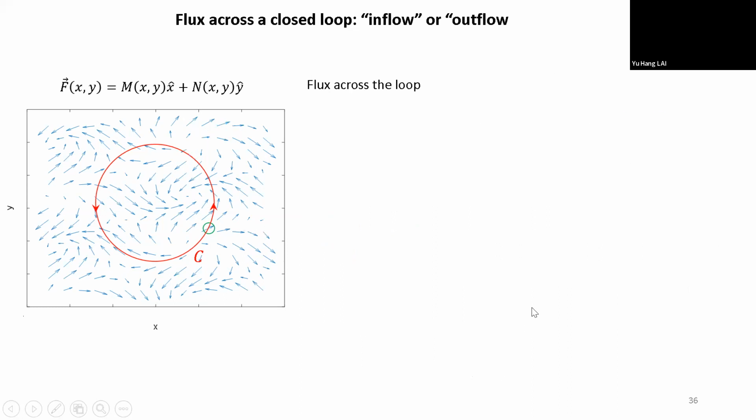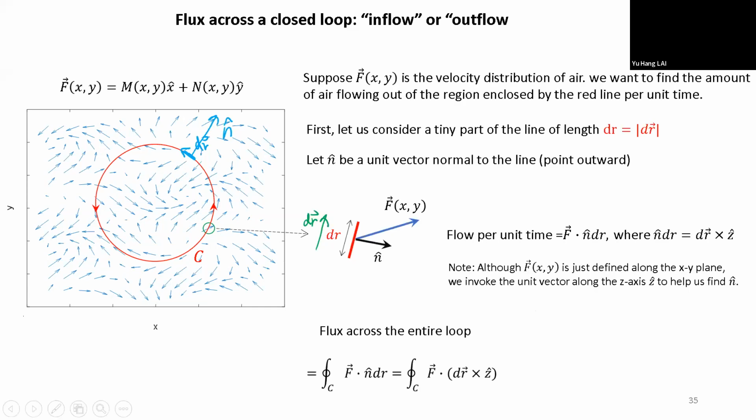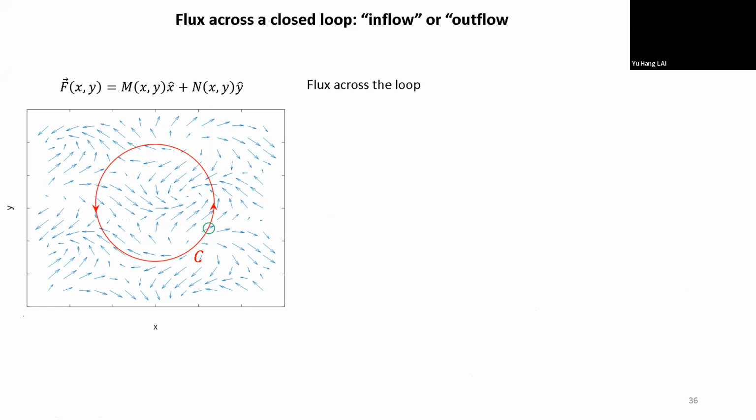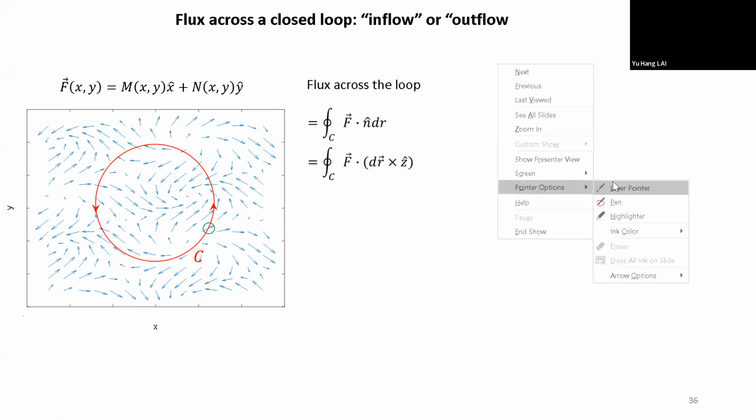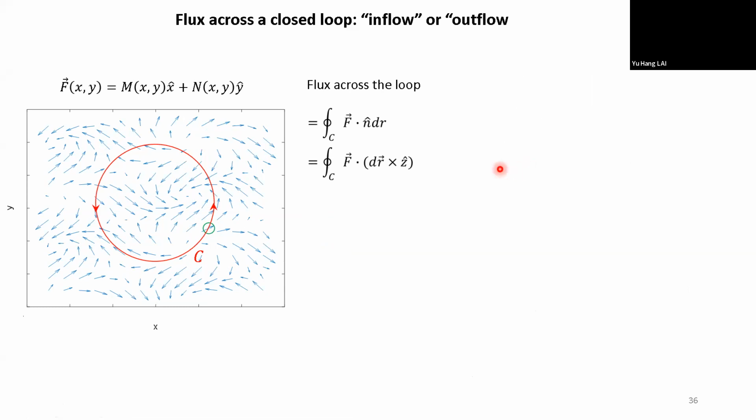So now let's work out a formula that we can use to actually compute the integral. The first two steps are just what I included in the last slide. Remember, this dr can be written as dx x hat plus dy y hat.